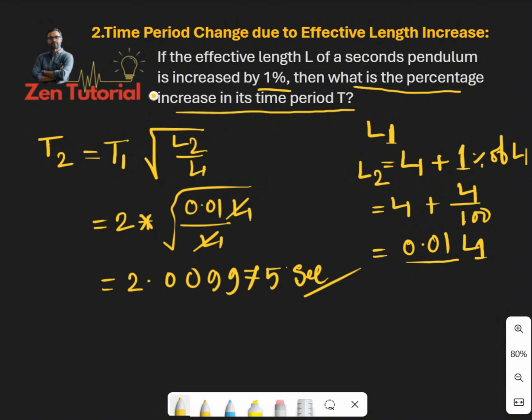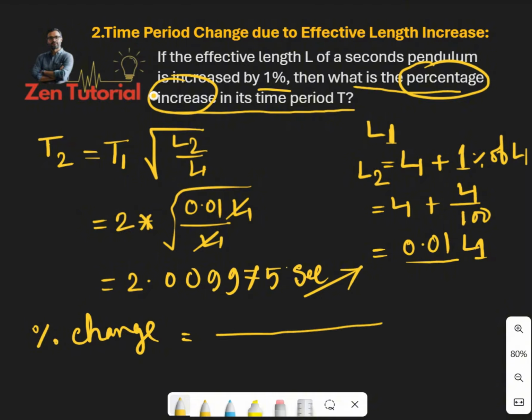So this much actually increased. Now in percentage of increase, this means the percentage change equals 2.009975 minus 2.